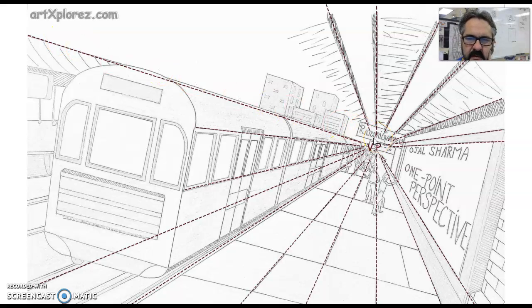Well, as long as you keep following the rules, which means all the vertical lines, vertical in this sense meaning they are the up and down lines even though they are angled, they all have to remain perpendicular to the horizon line. But as long as they do, then you're able to follow the rules and everything works out. So just because it got angled and turned doesn't mean that that's wrong.